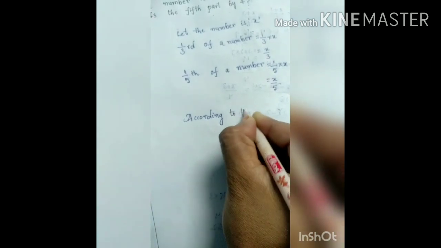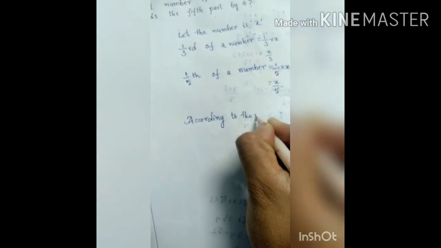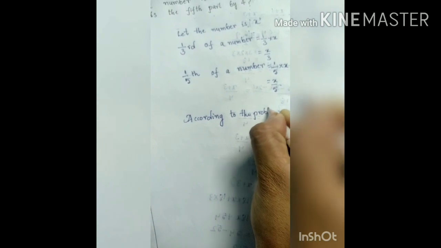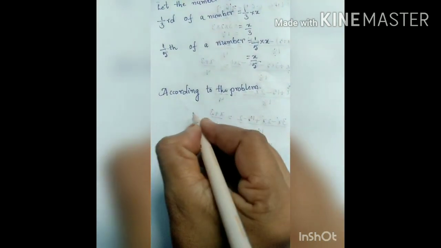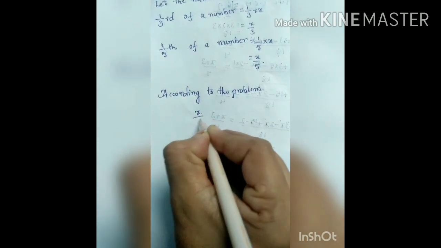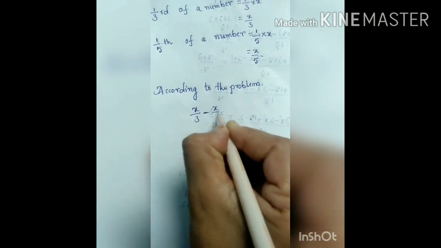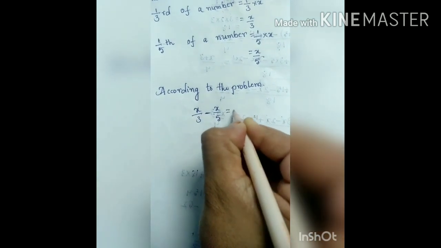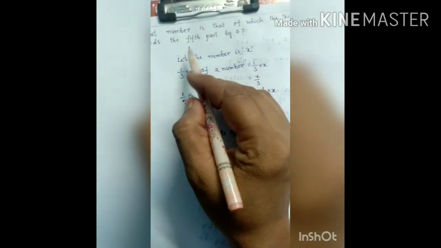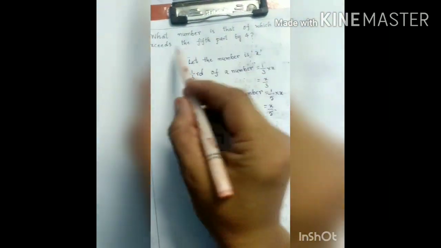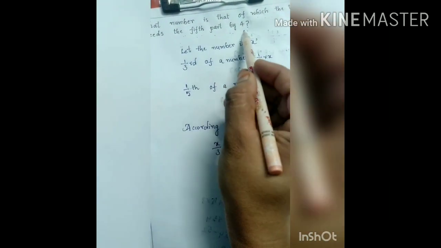According to the problem, here write x by 3 minus x by 5 equal to 4. According to the problem, the third part exceeds the fifth part by 4.